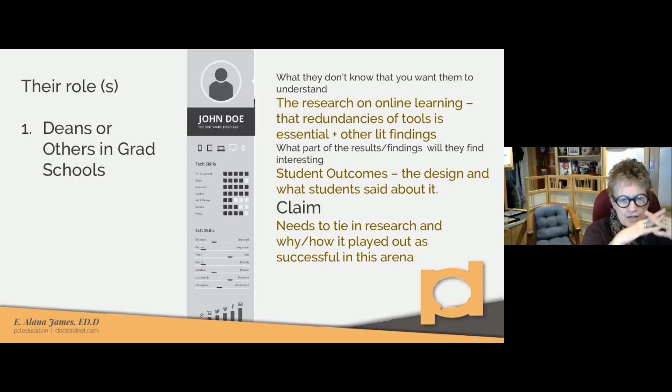And then I'll do a better job at moving them together. So the claim is that professional development needs to tie in research on online education and why and how and then the outcomes we had, why and how they played out, and the tie to what we know about online education.